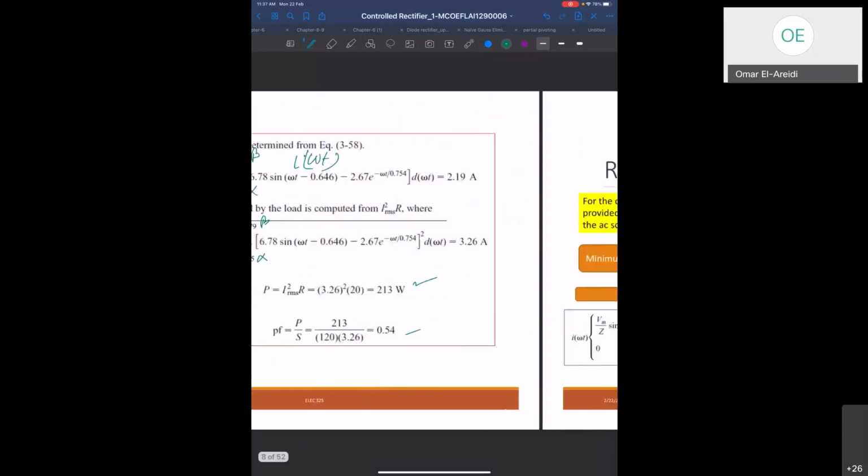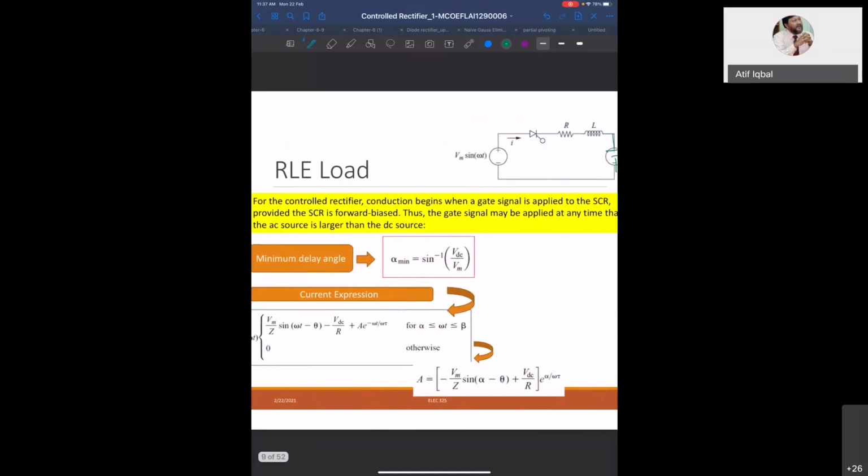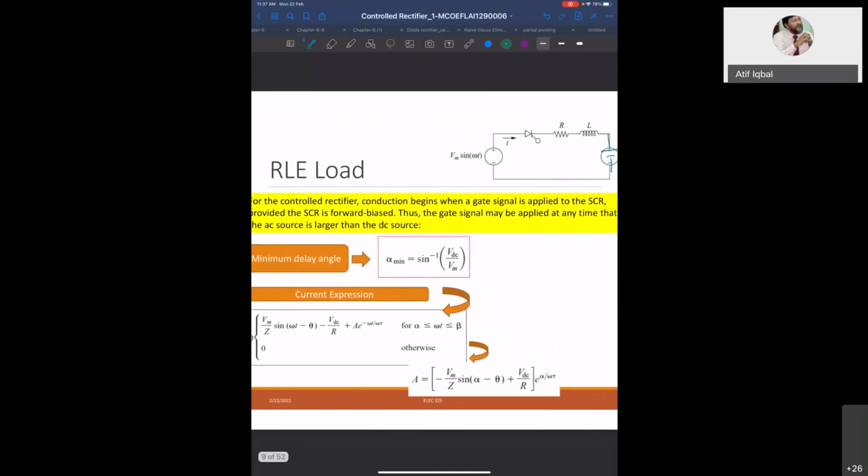Okay. So now when you have an RLE load, you know that this is your source voltage, and say this is your DC voltage, VDC.